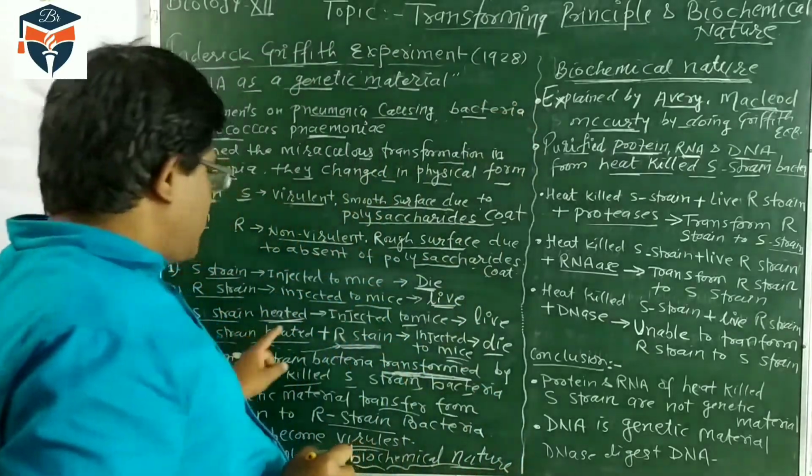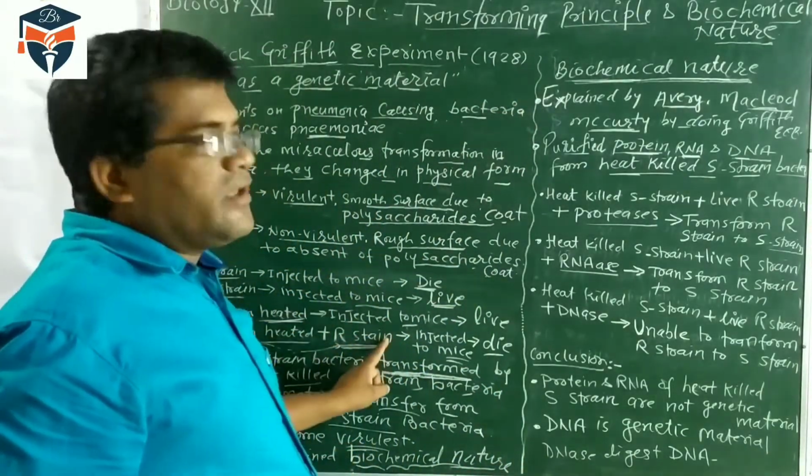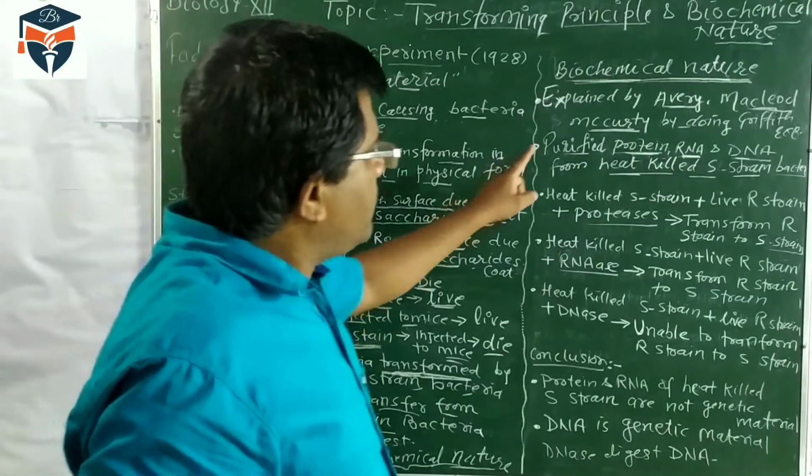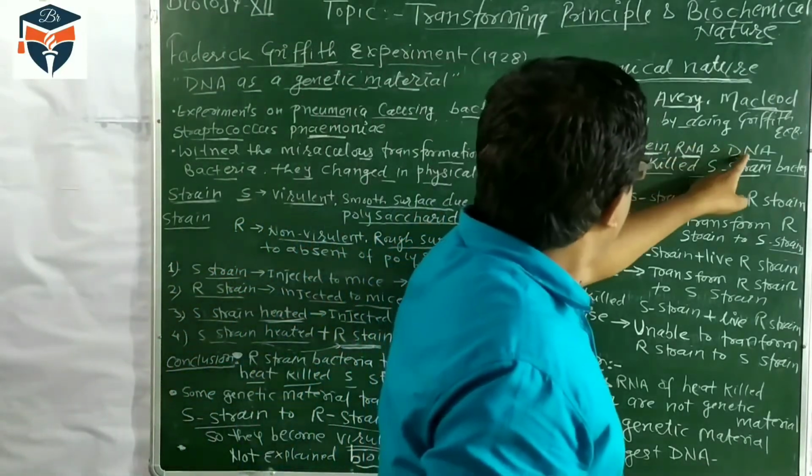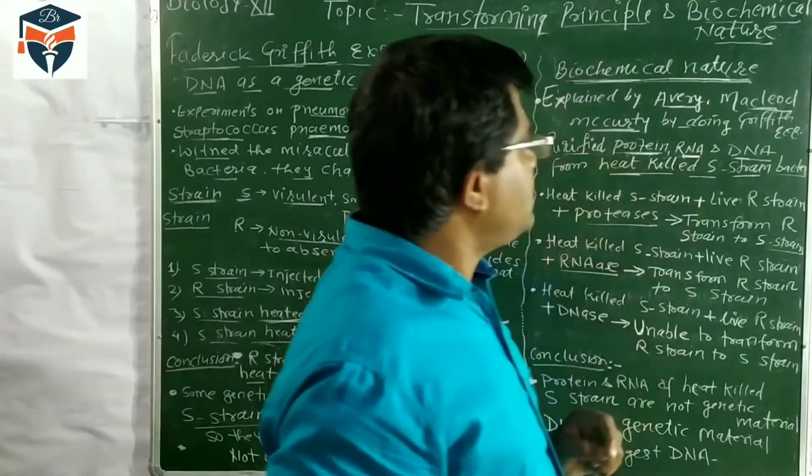From heat-killed bacteria only, some genetic material gets transferred to the R bacteria. So they isolated protein, RNA and DNA from heat-killed S bacteria.